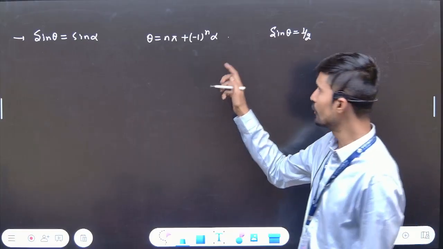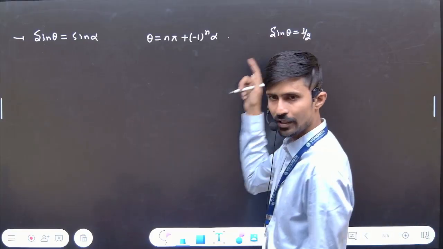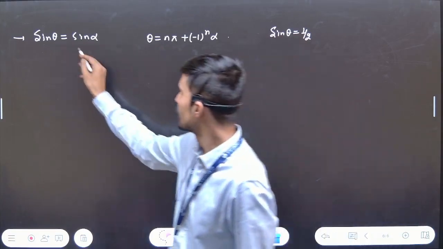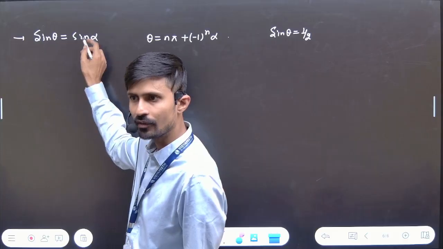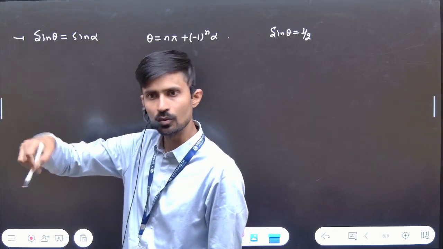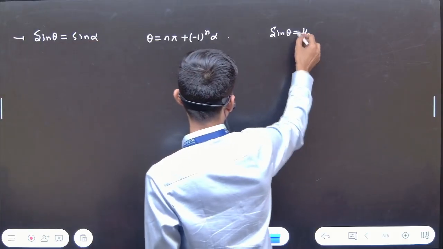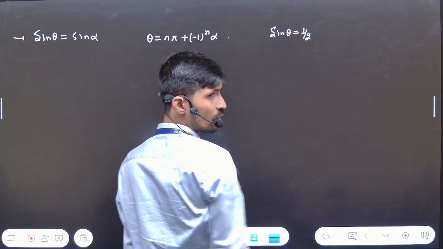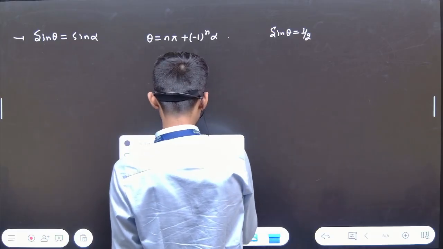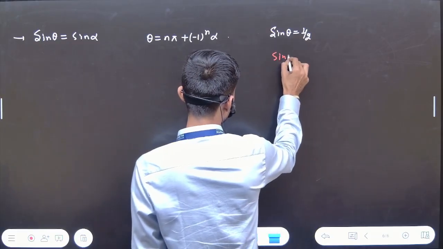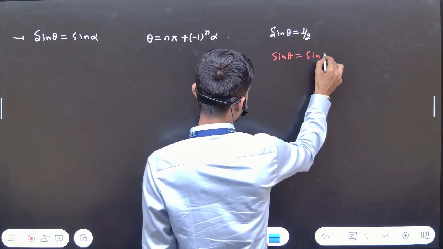So first of all, whenever you are getting sine theta is equal to 1 by 2 and you want to write the general solution, first change it into this form: sine theta is equal to sine alpha. Alpha is an angle which you know. So tell me, what is the angle for 1 by 2? 30 degrees. So as the second step you will write sine theta is equal to sine 30 degree.